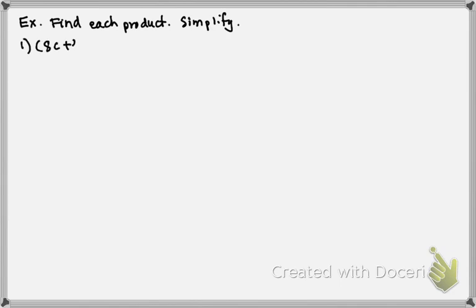So directions are going to say, find each product. The alternative directions could be just simplify. So we have 8c plus 3d squared.